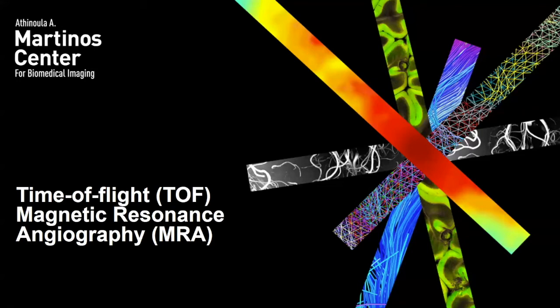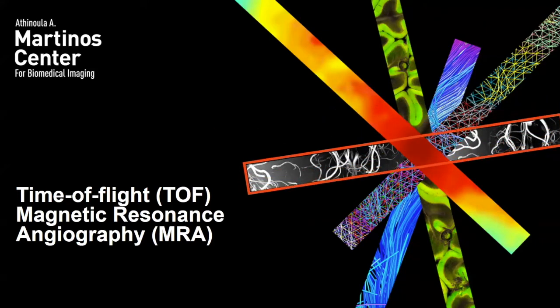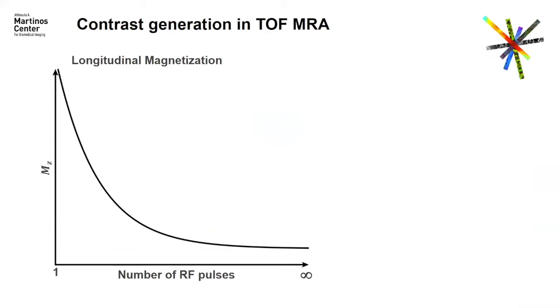One in vivo technique to image arteries is time-of-flight angiography. That's the one-hour physics slide I had to put in, on contrast generation in time-of-flight imaging. For that, we just have to remember the relationship between the available longitudinal magnetization and the number of RF pulses a group of spins has experienced.